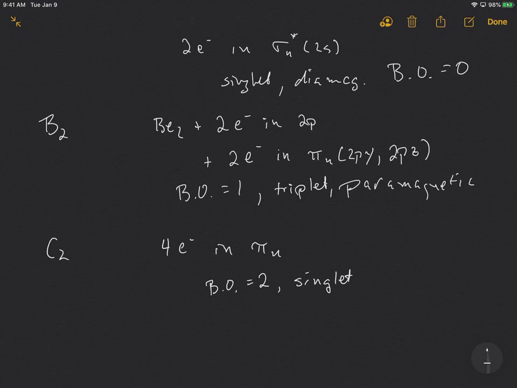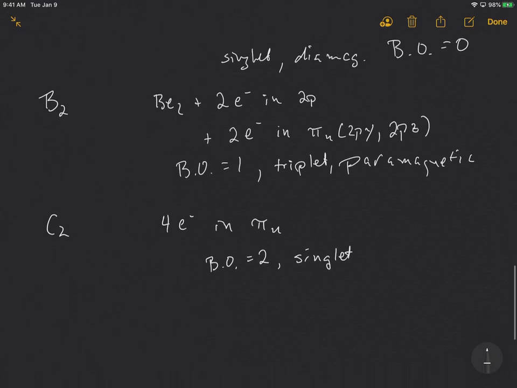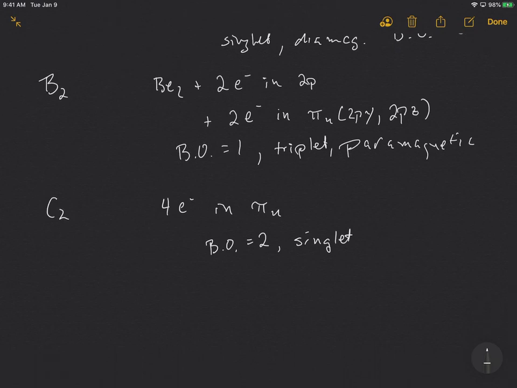And it's believed that C2 is a component in plasmas, say in a spark gap between carbon electrodes. It's sort of C2 units that are buzzing around in there as being one of the principal species.